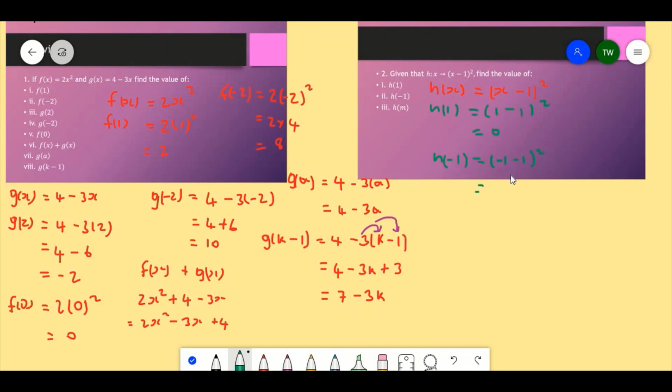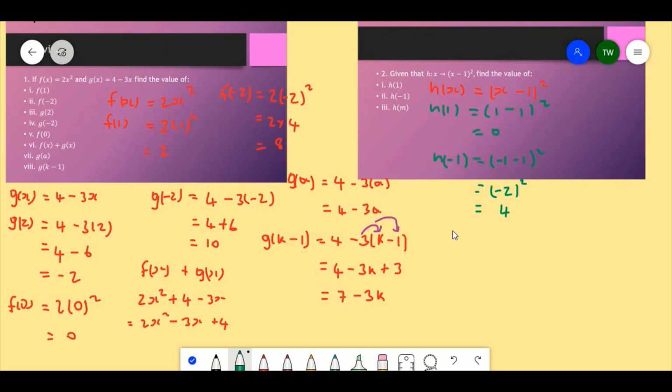Negative 1 minus 1, that's going to give us negative 2 all squared. And the square tells us how many times we need to multiply the base. So this is negative 2 all squared is just saying negative 2 times negative 2, which will give us a final answer of positive 4. So therefore, h of negative 1 is equal to positive 4.